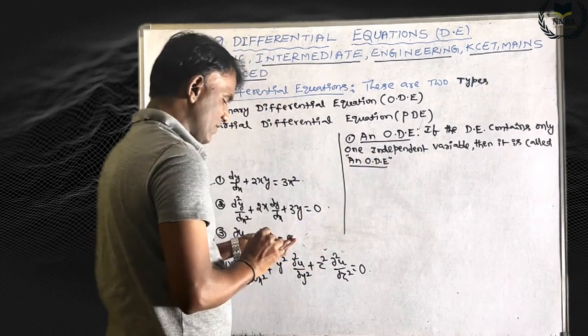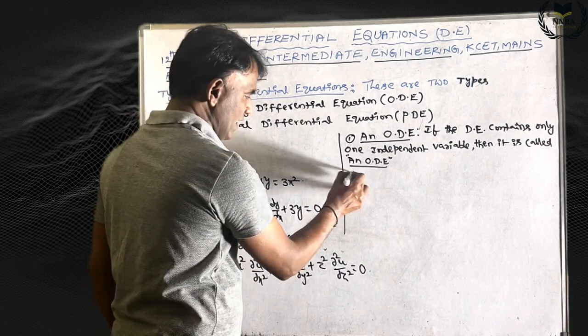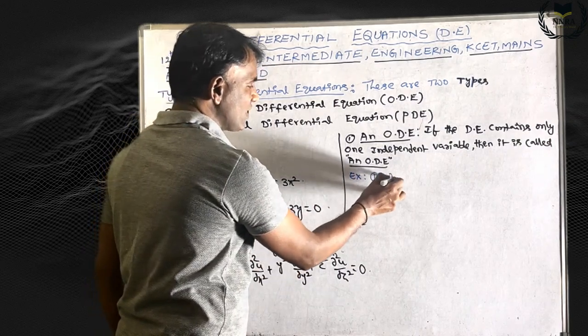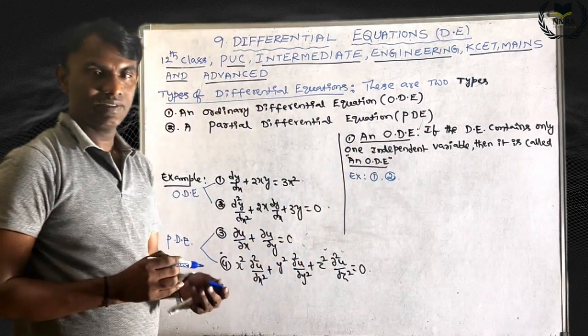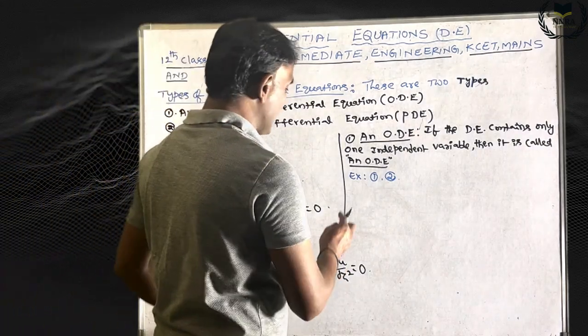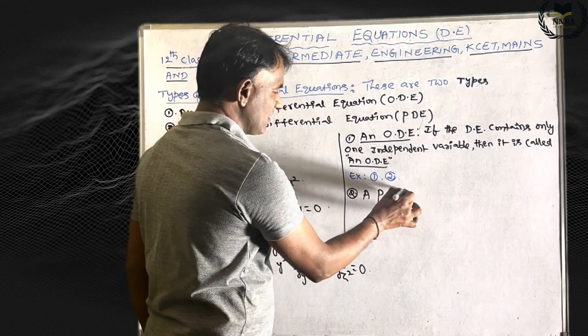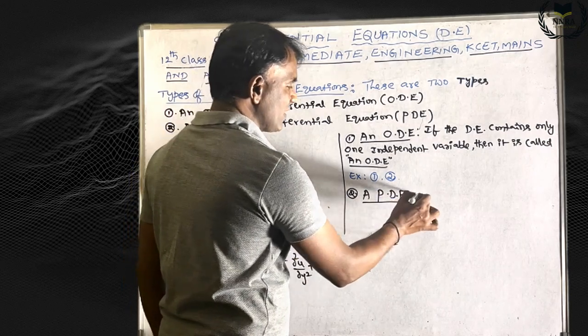And what are the examples for this? Example 1 and example 2. I am not writing them again here, I am just giving those numbers. Clear? And coming to the second one, what is that? A partial differential equation, PDE. So what is the definition of this one?